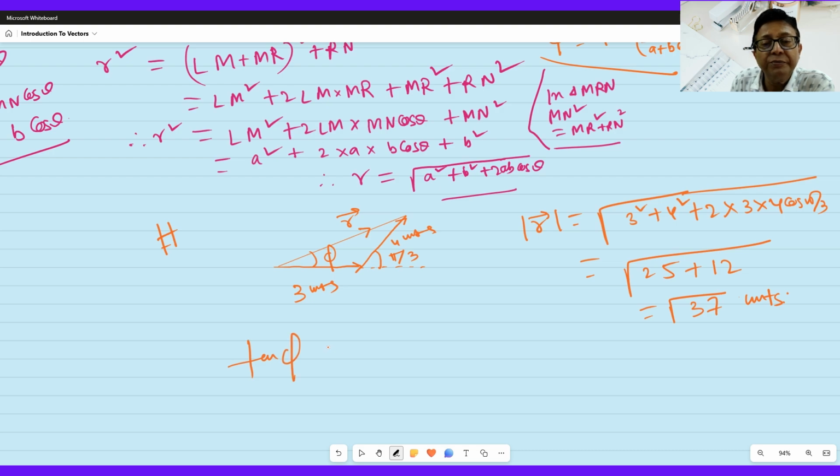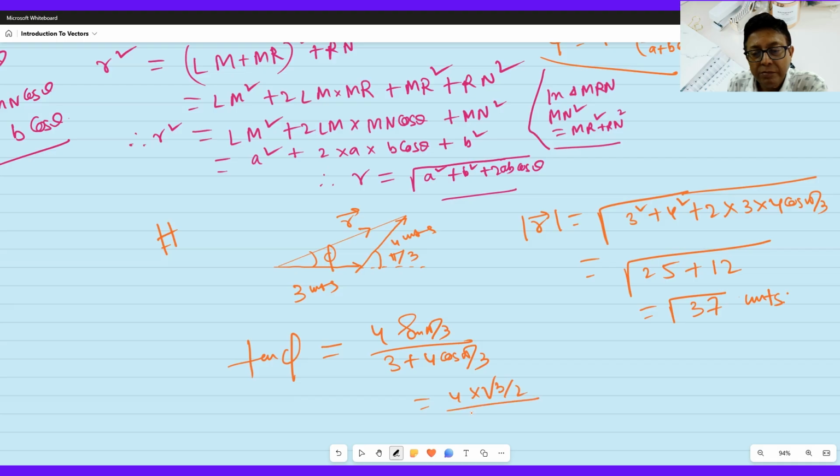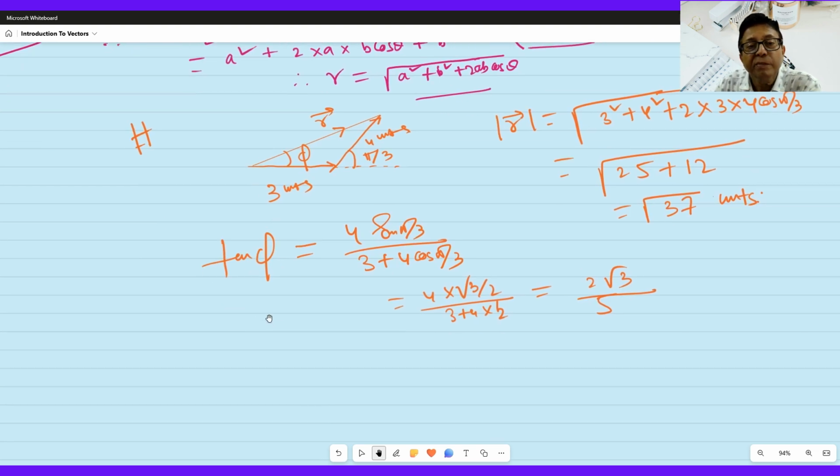Tan phi equal to 4 sin pi by 3 by 3 plus 4 cos pi by 3. Two root 3 by 5. So phi equal to tan inverse 2 into 1.732 by 5.